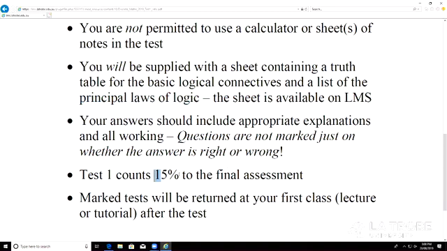And it counts 15% on the final assessment. 15% is significant. In the end, what I noticed over the years, these two tests, which combine are worth 35%, these are significant marks. You should be trying to get as much as possible now. What happens close to the final exam, there are lots of other subjects that you are doing, and their exams are due as well, and it's difficult to prepare for one particular subject that well.